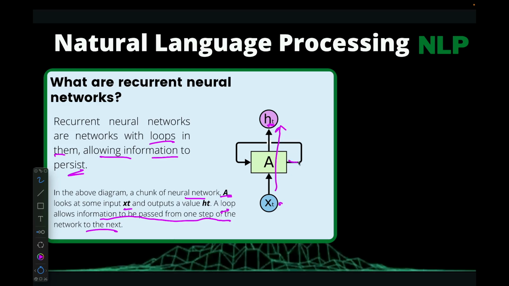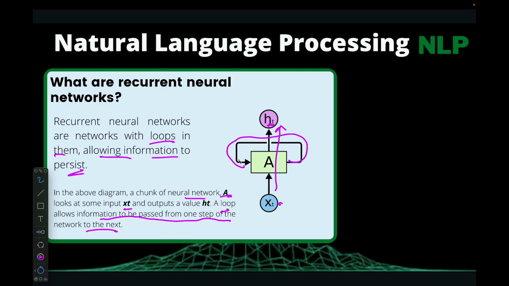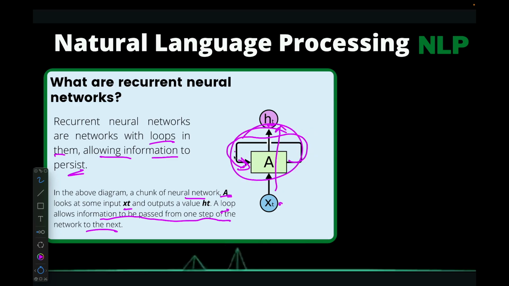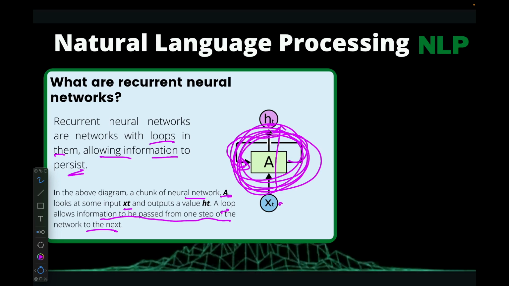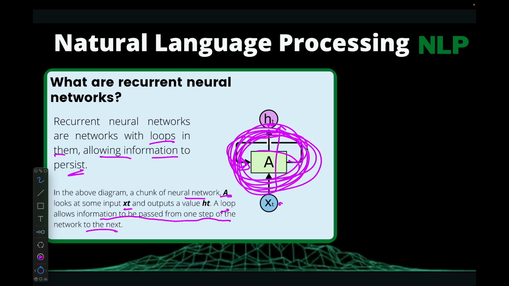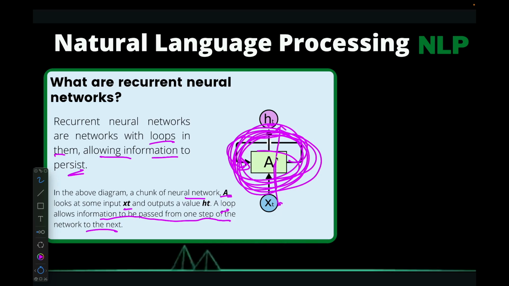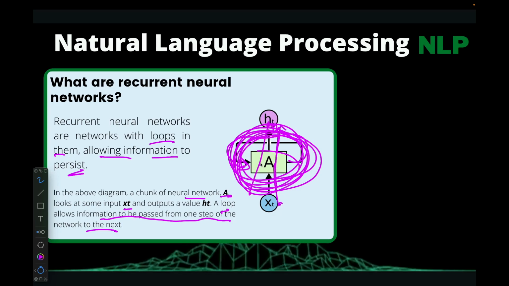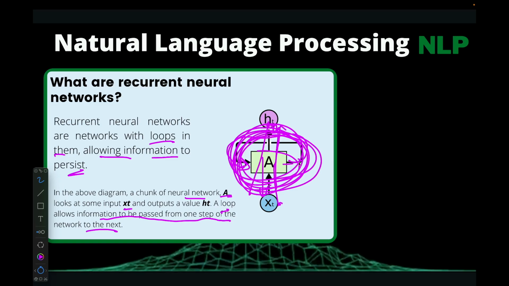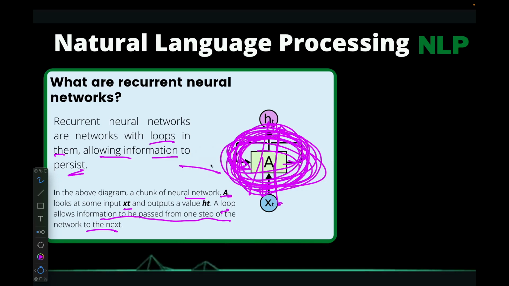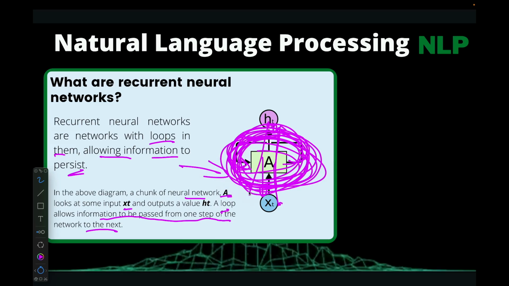You can see that we have some symbol over here saying that whatever we are doing, we are going to do it many times. We are keeping on looping. In a traditional neural network, you feed it forward and then maybe you do back propagation. But in this case, we loop through to make sure that we take care of past information as well.